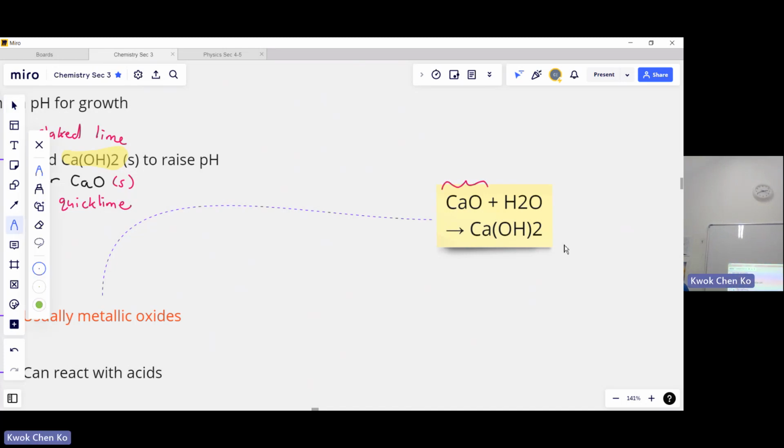So this is your quicklime. All right, once you add water to it, it becomes slaked lime. Oh, and of course, both are bases, obviously. I hope you realize that both are bases.